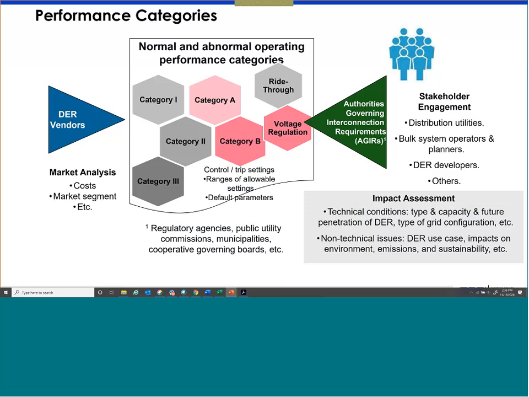For a larger plant, I may ask for category B and category 3. So it also gives flexibility to the utilities or the authorities governing interconnection requirements to decide what performance category you ask for certain type, certain size, certain technology. It gives flexibility to both stakeholders, and you may not have to always enforce the highest category for everything if that's not required.